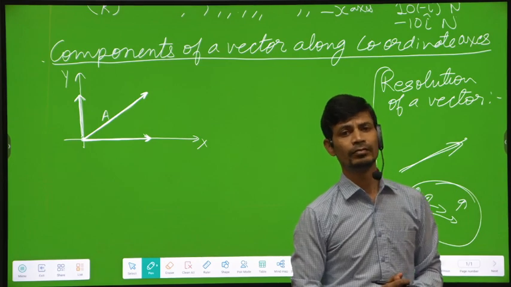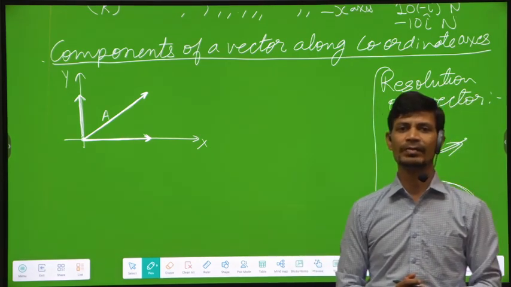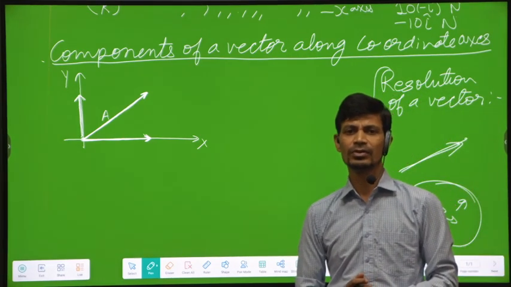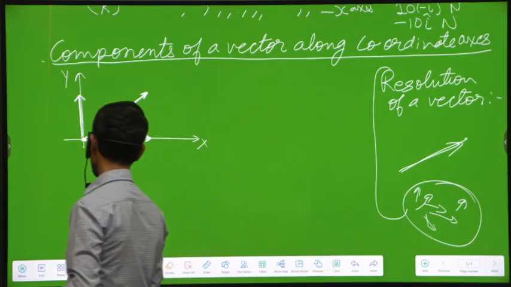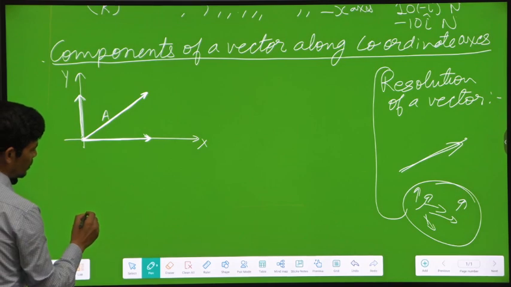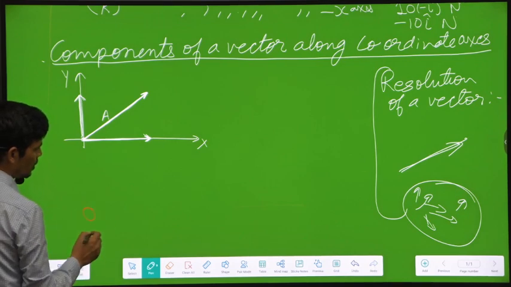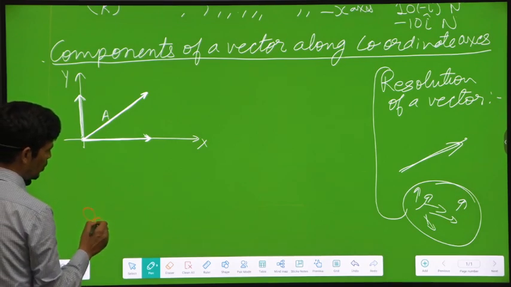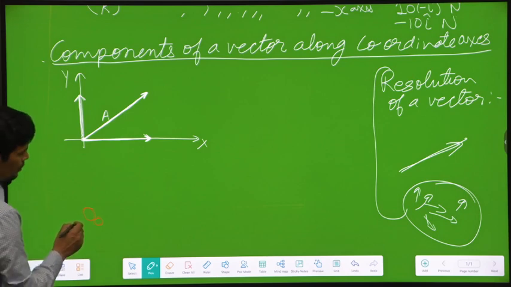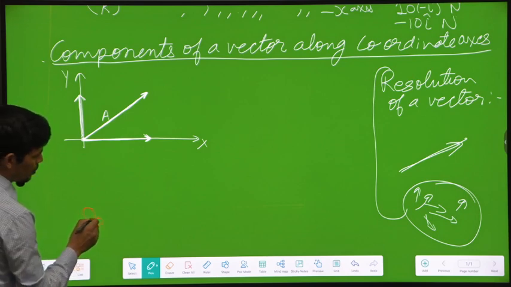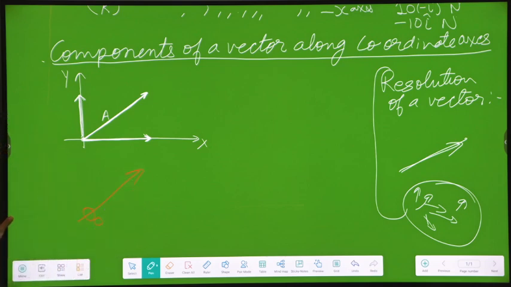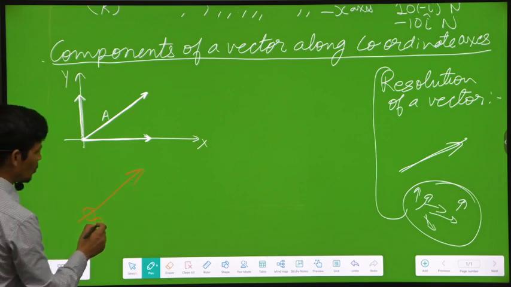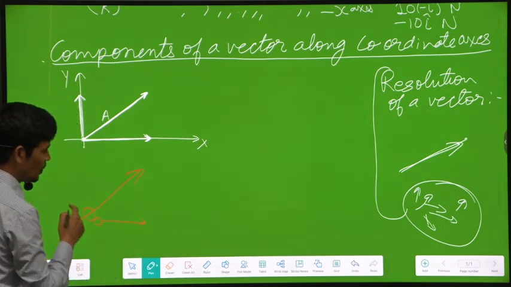Now you might say that okay, it is applicable for displacement, what about force? Yeah, so let us suppose in the game of carom, there is a striker and there is a coin, and we have struck this coin, but we have applied force this way, and this coin has moved this way.